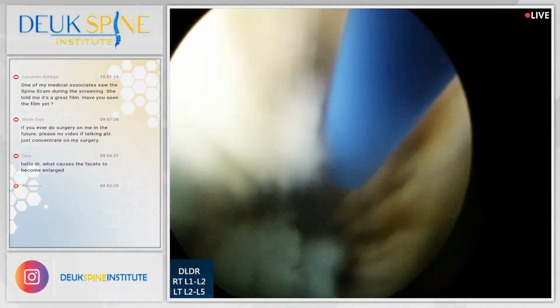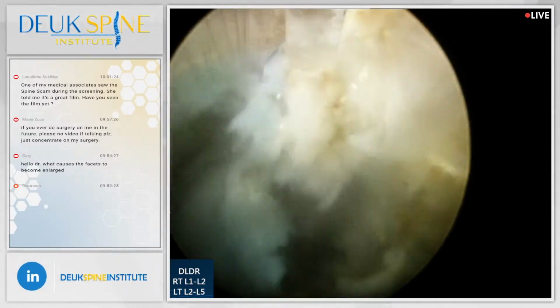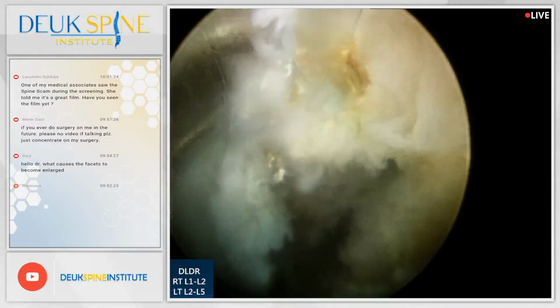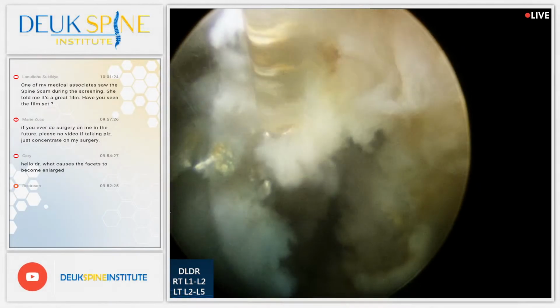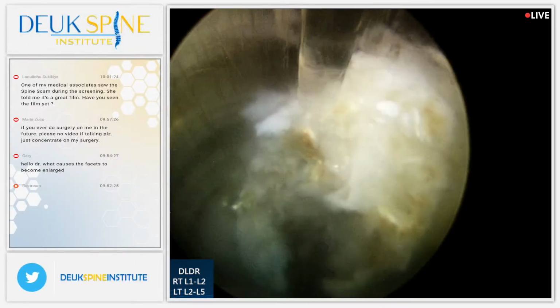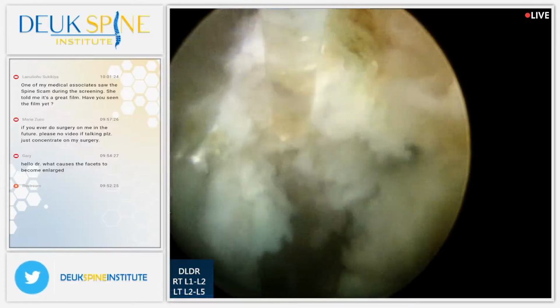Your torso moves forward at such a rate and force that it overwhelms the ability of the facet capsule to stop the excessive movement of the bones, and they go beyond the limit of the soft tissues of the capsule, and it rips the capsule wide open.